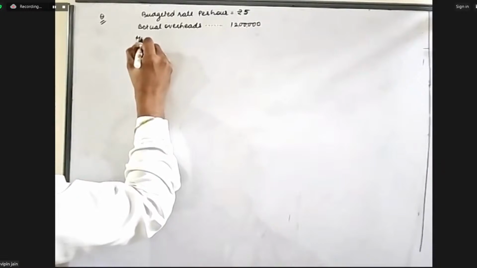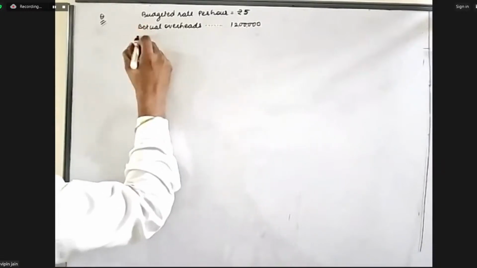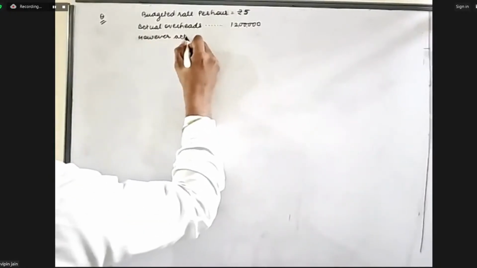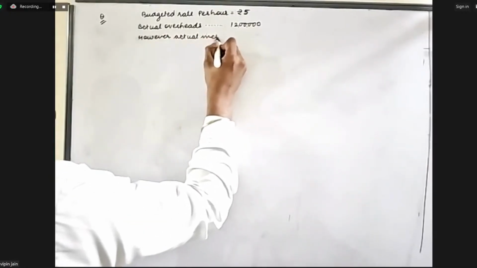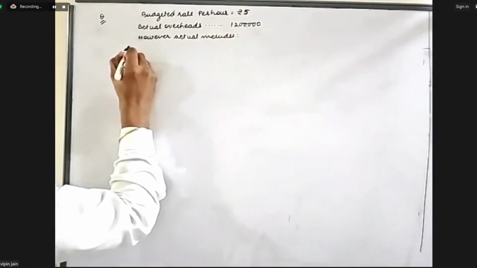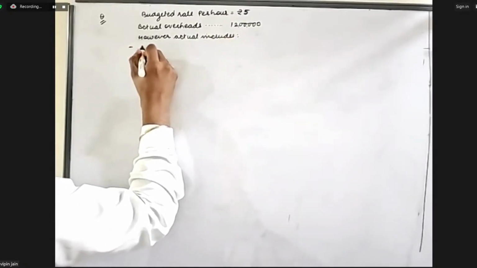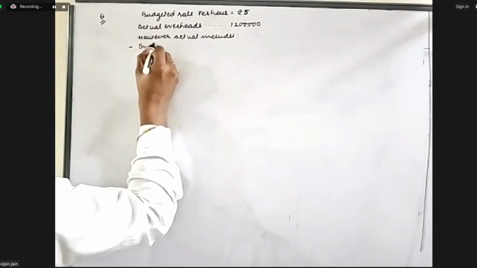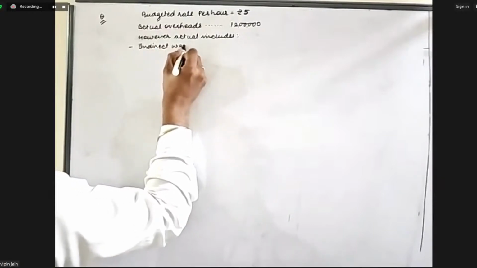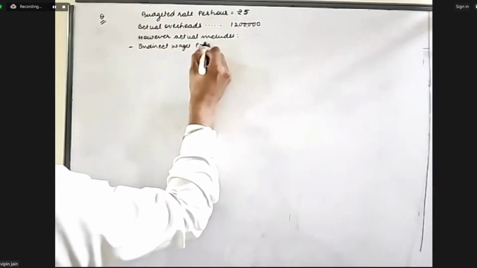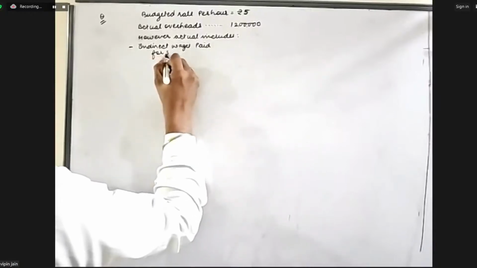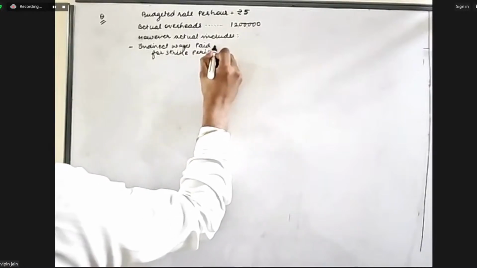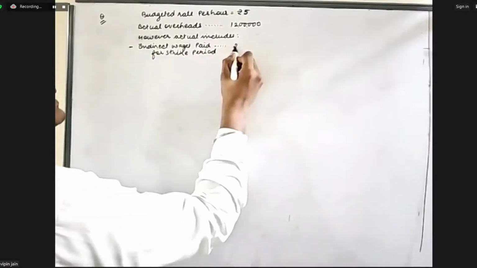However, actual overheads include indirect wages paid for strike period, 20,000.